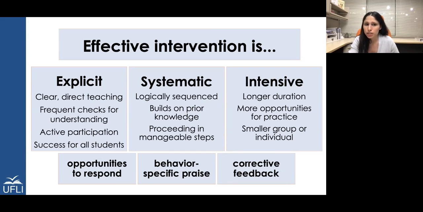In addition to those 3 key elements, we also talk about the importance of, again, finding any way to increase opportunities to respond, but also ensuring that we as teachers are providing both behavior-specific praise about things that students are doing really well, and also corrective feedback.